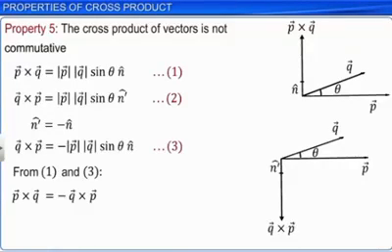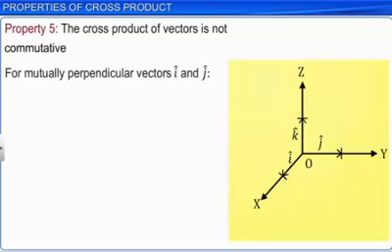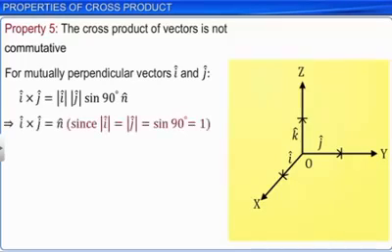From the discussion so far, we can again make some interesting observations about unit vectors i, j and k pointing along the x, y and z axis of a three-dimensional coordinate system. From the property of cross product of perpendicular vectors, we get that the cross product of unit vectors i and j is equal to unit vector n that is perpendicular to both vectors i and j.